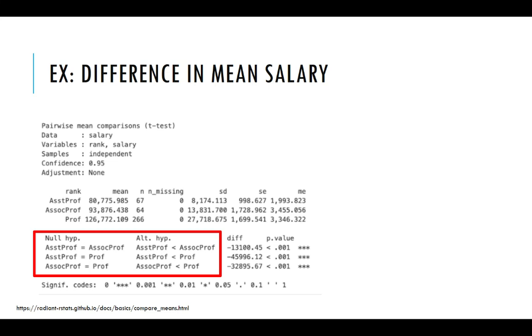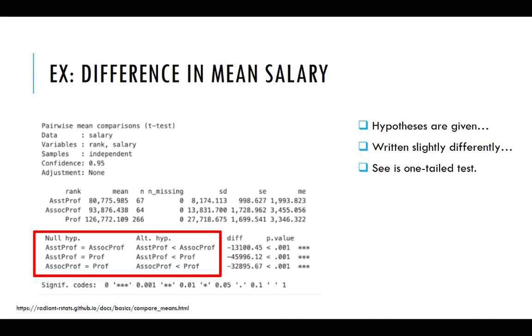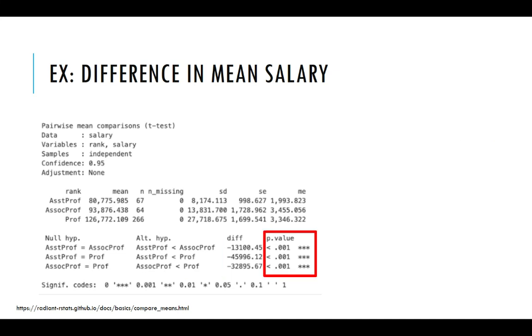Not everyone does that, but technically that would be correct, but this would be too. We're not going to make that distinction. I think the way I've taught you is maybe a little bit easier to get your brain around if this is new to you. Our hypotheses are given here, and as I said, they're written slightly differently, but you see that they are being set up as one-tailed tests, and I can tell that because my alternate hypotheses are directional hypotheses.